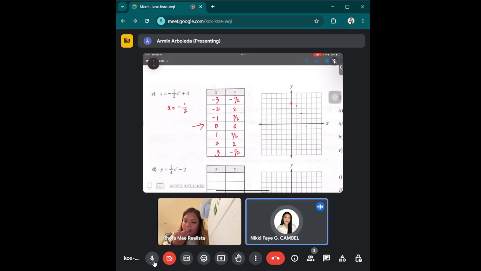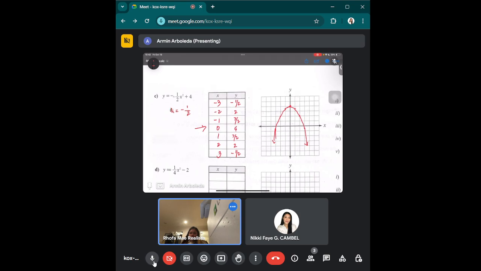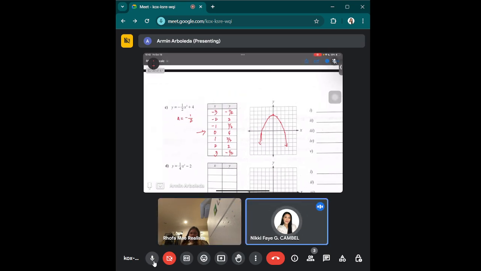So it's right about here. Okay? So reflect it on the other side. It's here. And then we have to connect the dots. So that is our graph.